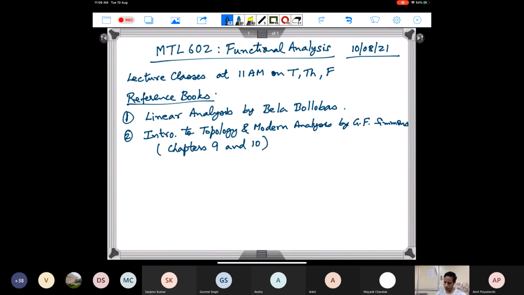You can also look at Functional Analysis by Krasik. So these are some books that you can refer.